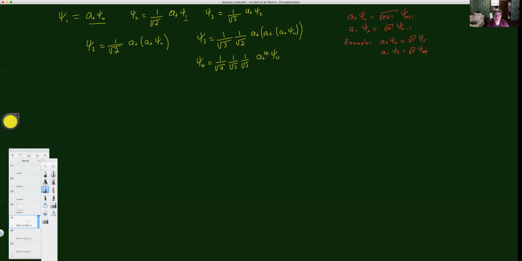Okay, so now we can think about a general formula. Notice this is the square root of 4, square root of 3, square root of 2. And psi 5 would be the square root of 5, square root of 4, square root of 3, square root of 2, A plus to the 5th psi 0.